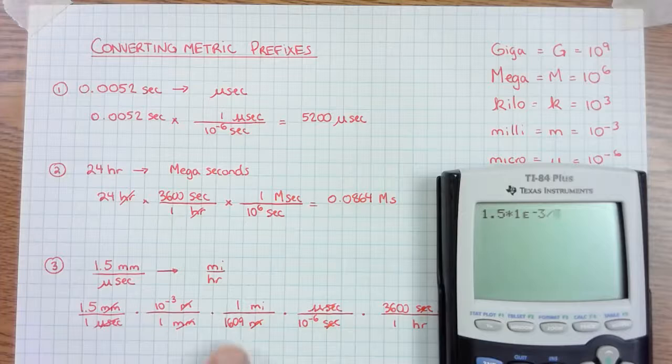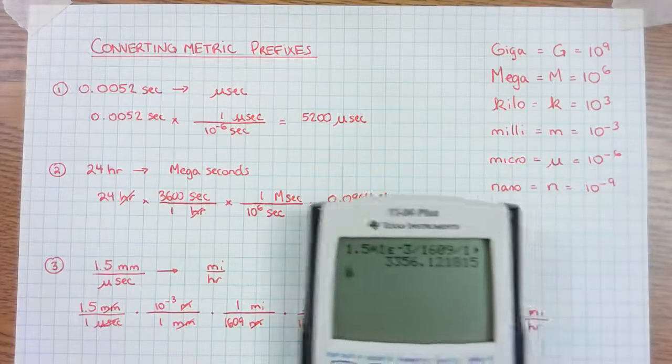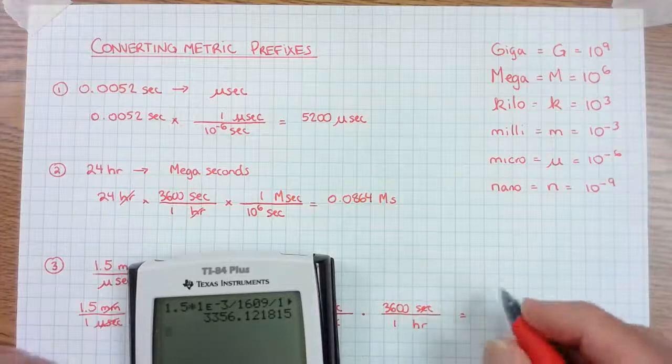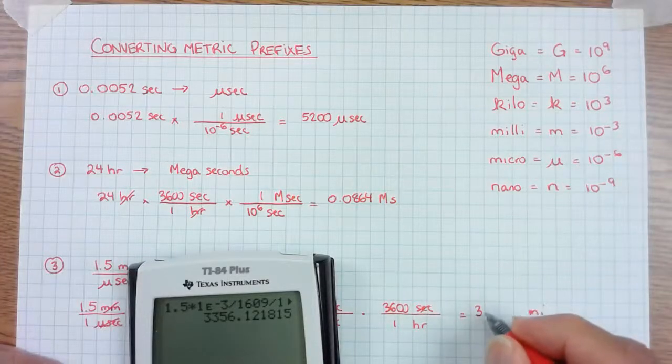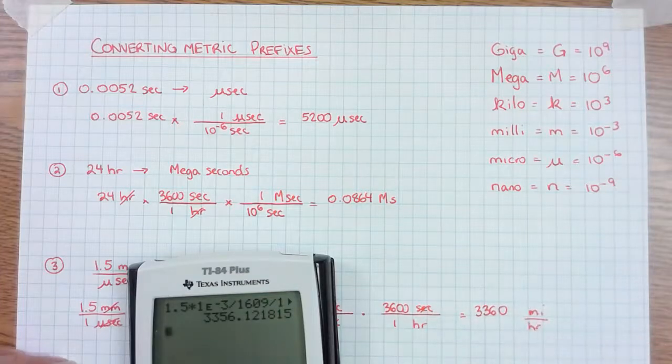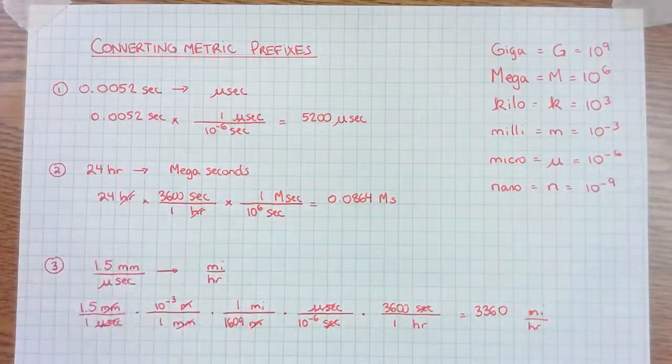Then we're going to divide that by 1609. Then we're going to divide that by 1e to the negative 6. And lastly, we're going to multiply our answer by 3600. And the answer is 3,356. I'm going to round that to 3 significant figures, 3,360 miles per hour.